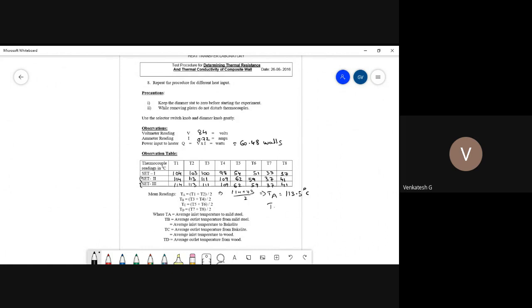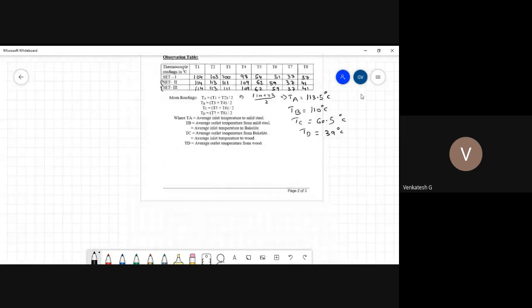In the same way, the mean temperature of thermocouples 3 and 4 is 110 degrees centigrade, and the average temperatures for the next thermocouples, TC is 60.5 and TD is 39 degrees centigrade. This is the average temperature readings.